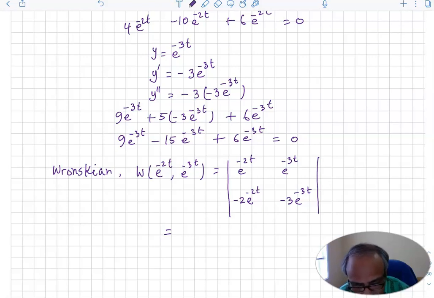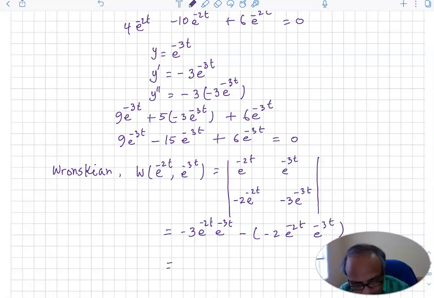So just a cross multiplication: negative 3 e to the power negative 2t times e to the power negative 3t, minus, cross multiplying this and that, negative 2 e to the power negative 2t times e to the power negative 3t.